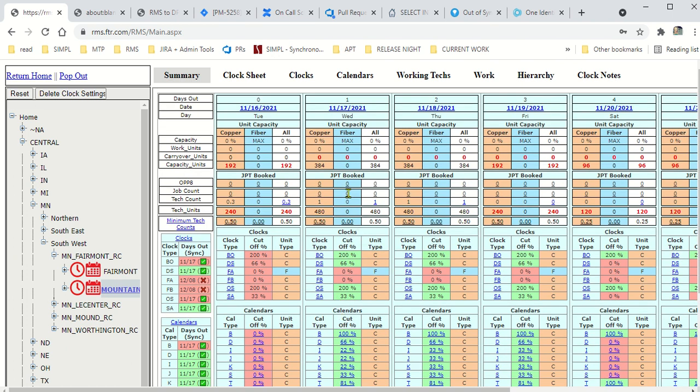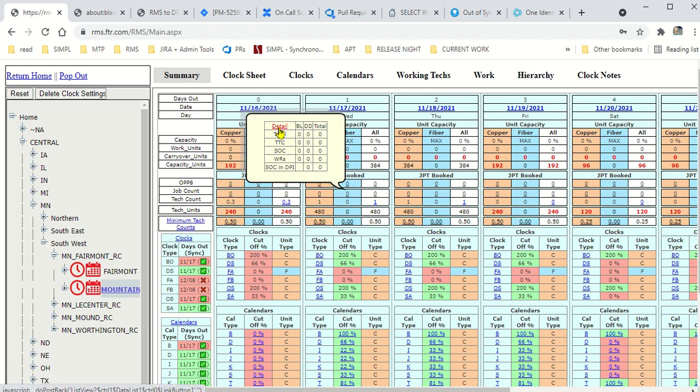Oh, and the job count theoretically should be 0.